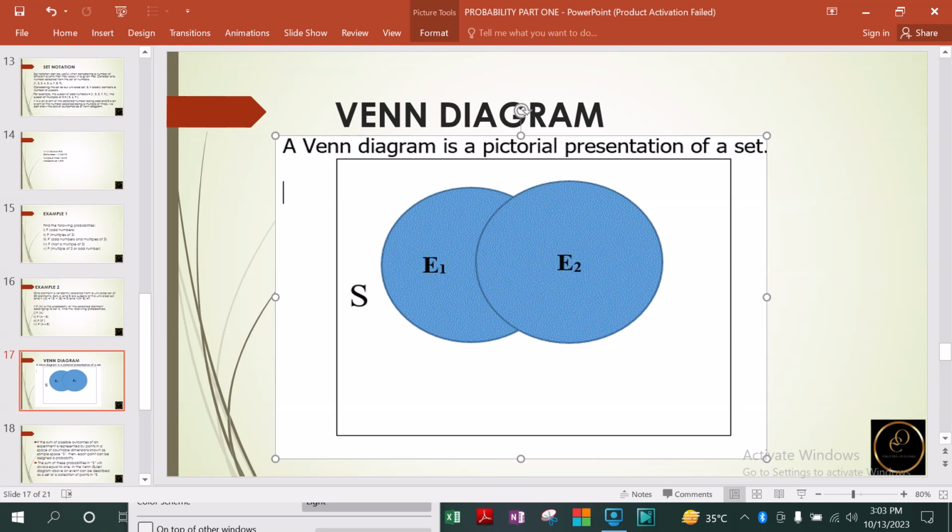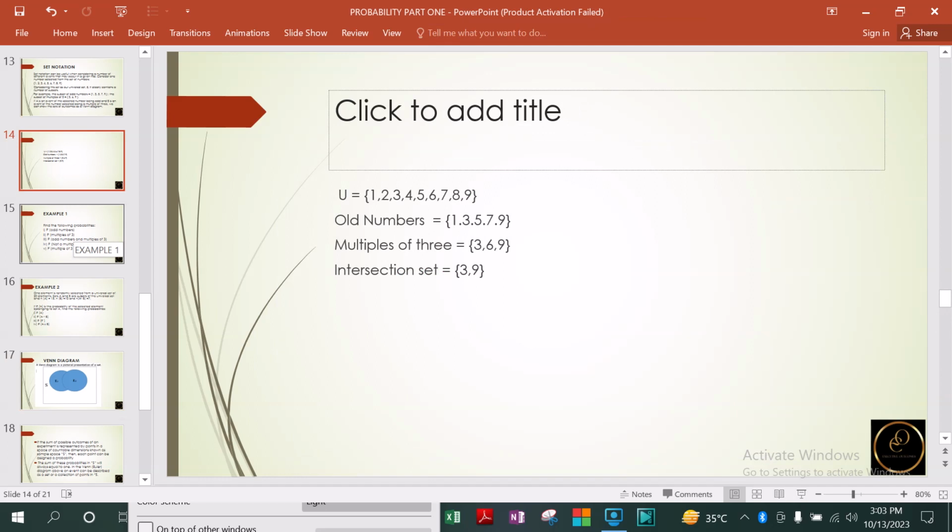Whereas event 2, the multiples of 3, will have 3, 6, and 9. In the intersection region will be the common ones to both sets, that is 3 and 9. That's how we can prepare the Venn diagram in this particular case.